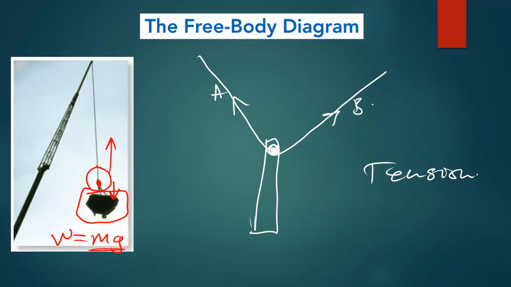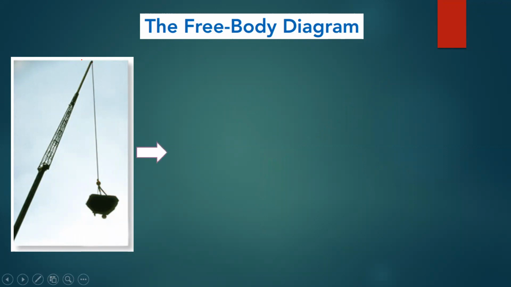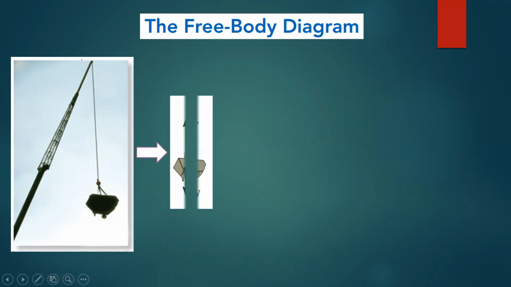We're using g here because it's suspended in the air. And then the force facing up is the tension in the rope. So that is how you are supposed to do it. So the free body diagram for this will be like that.